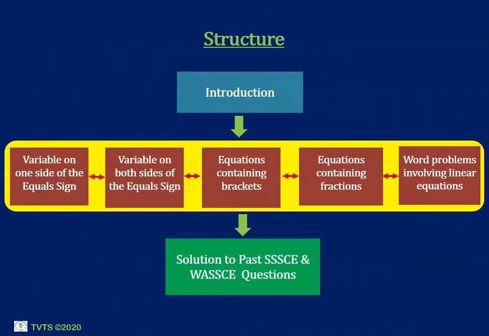In our previous lessons, we covered a general overview of linear equations in one variable, as well as the types of equations in which the variable is on one side and on both sides of the equal sign. In this episode, we take a look at a type of equation that contains brackets.